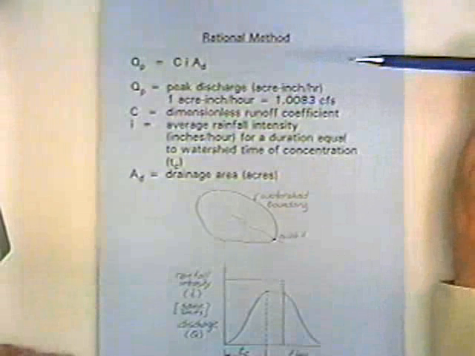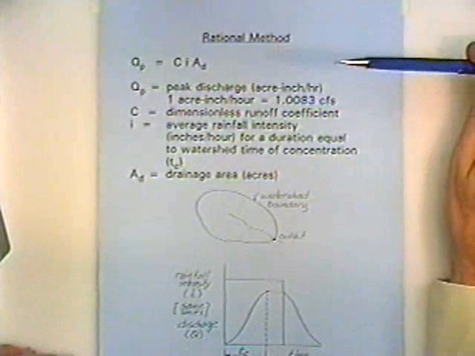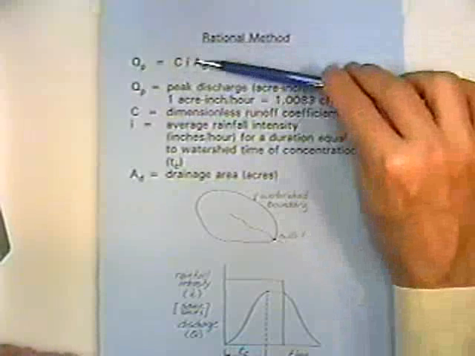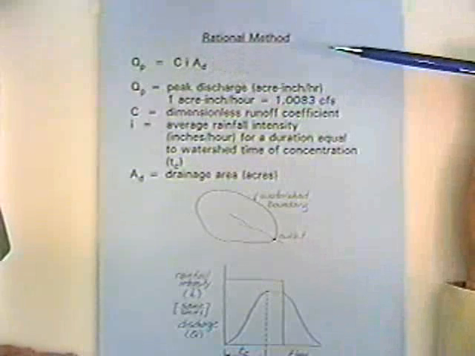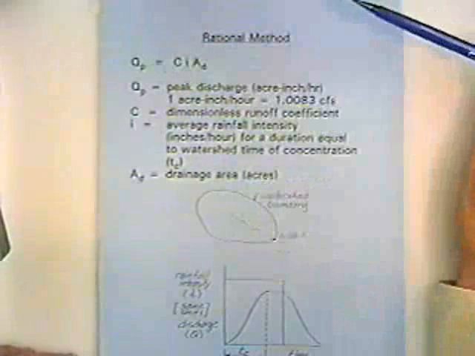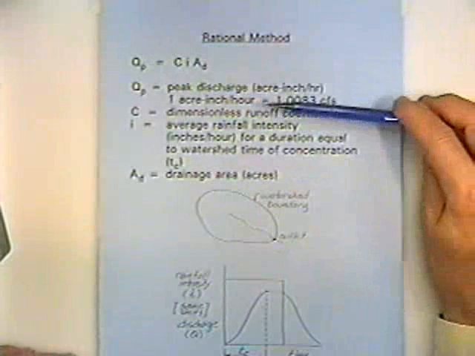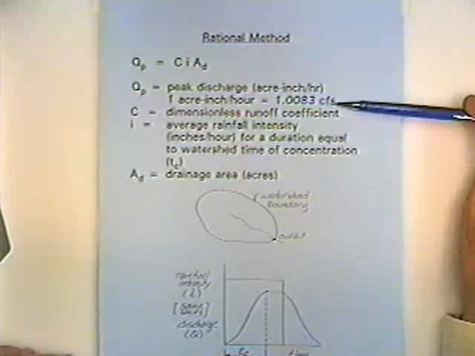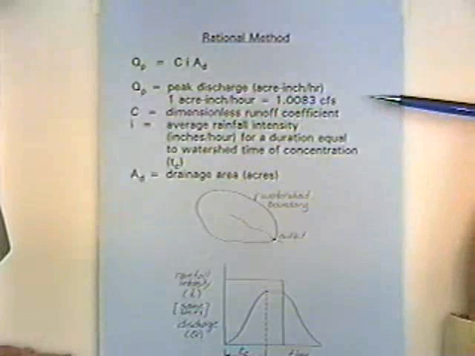So the peak discharge, in whatever unit you want to use. Engineers in the U.S. will often plug in a rainfall intensity in inches per hour and a watershed area in acres, and then they'll call the Q sub P cubic feet per second. And that comes out if you recognize that 1 acre-inch per hour equals 1.0083, which is very close to 1 cubic foot per second.